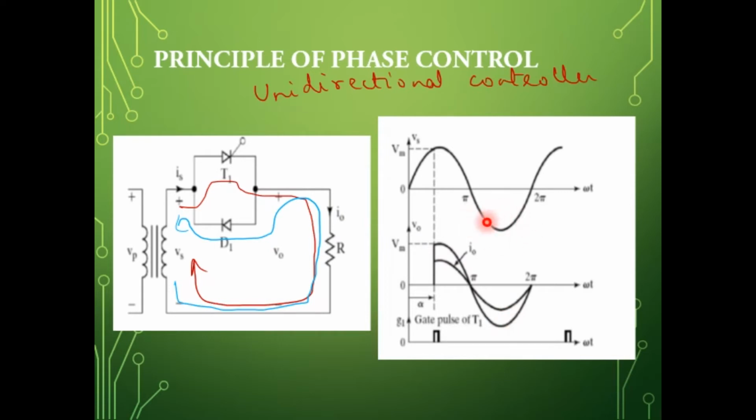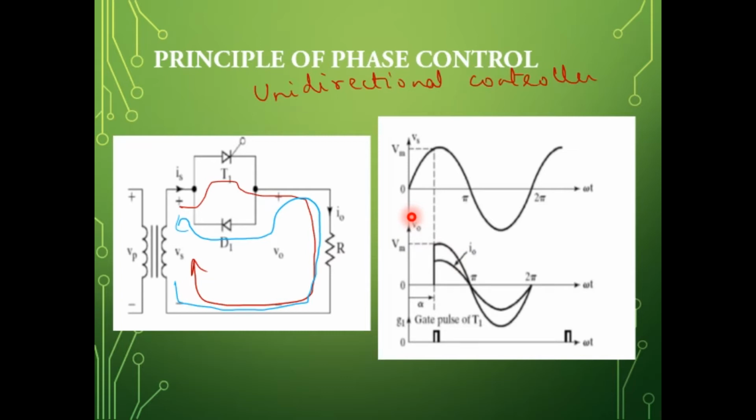But during the negative half cycle, the diode conducts and the diode is not a control device. That is why the entire negative half cycle appears across the load. And whenever the input crosses 0, the thyristor will automatically turn off. So there is no extra commutation circuit required here.